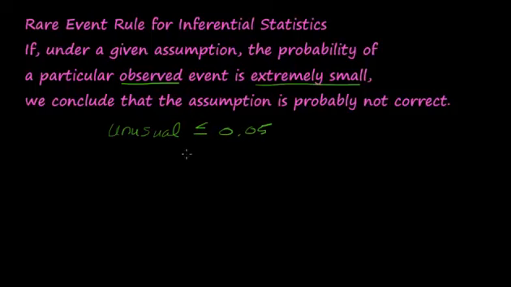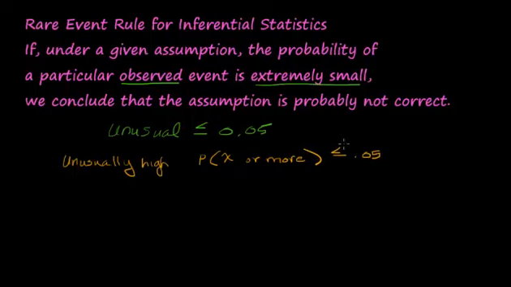When we talk about probability distributions and our discrete probability distribution, we would say that a value is unusually high if the probability of x or more, x or higher than x, whatever that is, is less than or equal to 0.05.